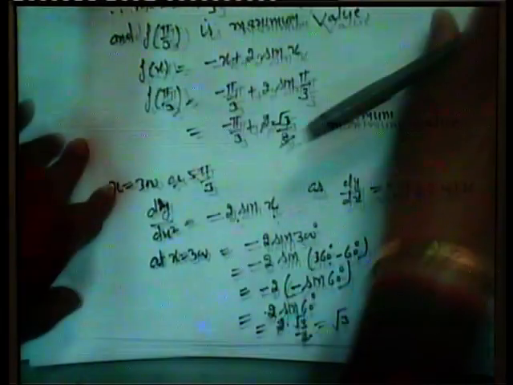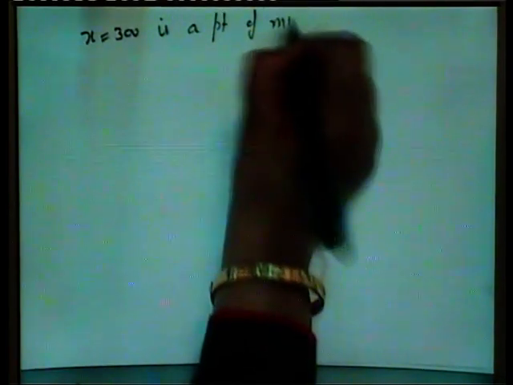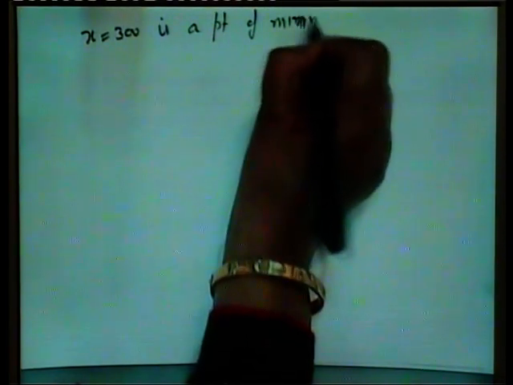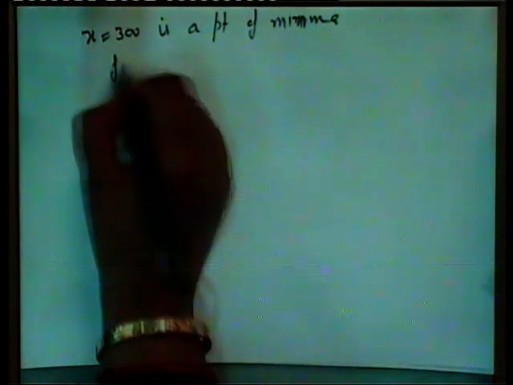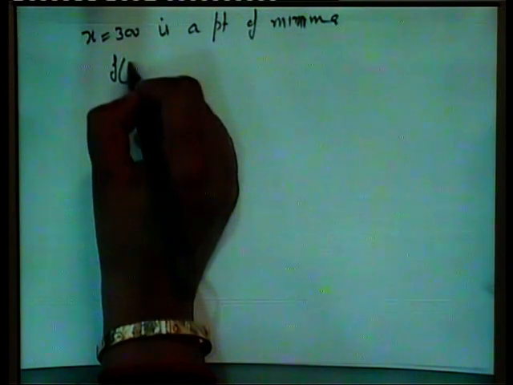Therefore, x is equal to 300 is a point of minima.